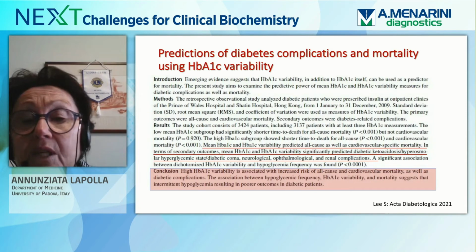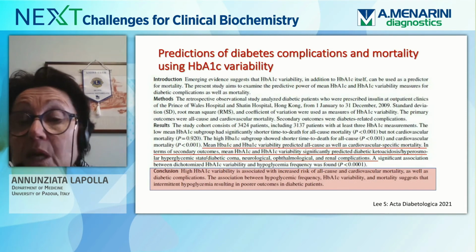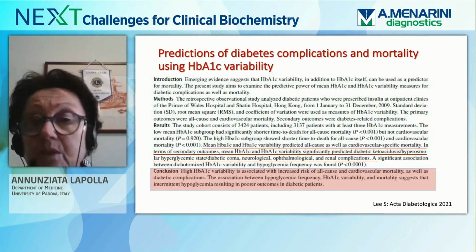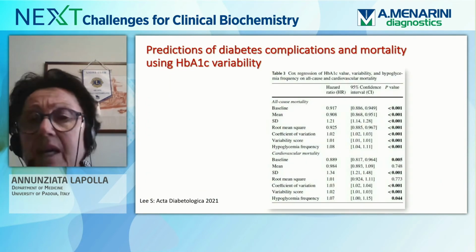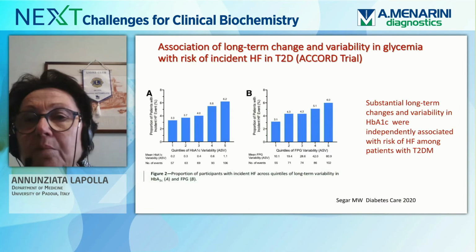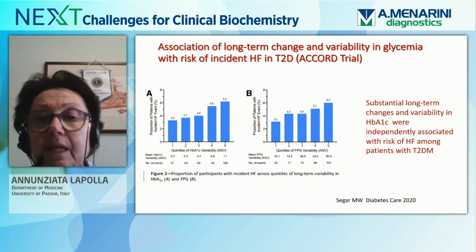In terms of secondary outcomes, mean HbA1c and HbA1c variability also significantly predicted other chronic diabetic complications and ketoacidosis. In this panel, you can see the strict relationship between diabetic complications and variability.